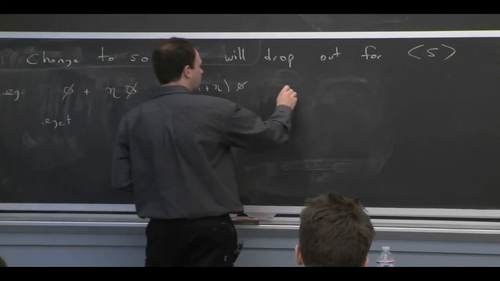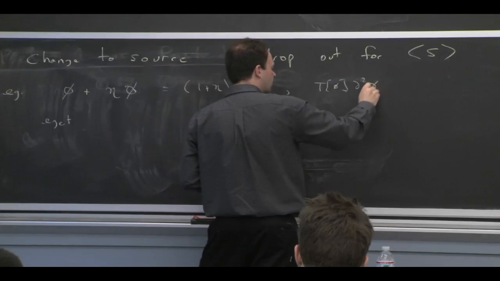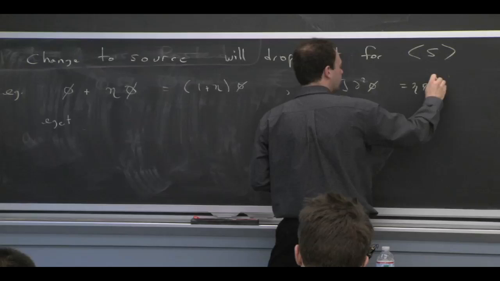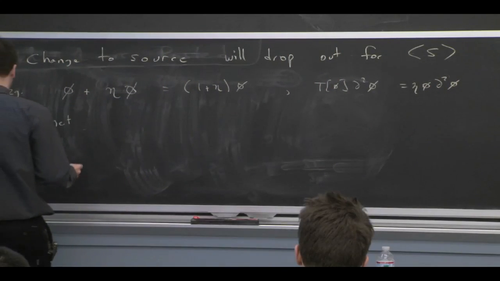If you think back to when we have t, this was the form of the term in the Lagrangian. So this is just eta phi del squared phi. It's just changing the kinetic term for phi.